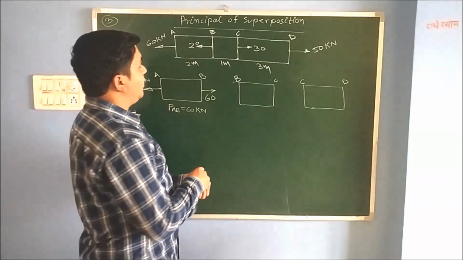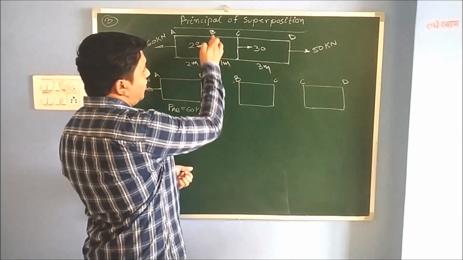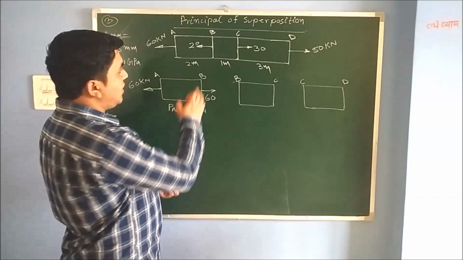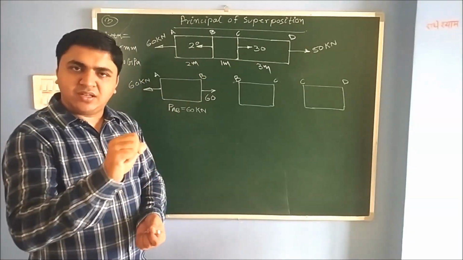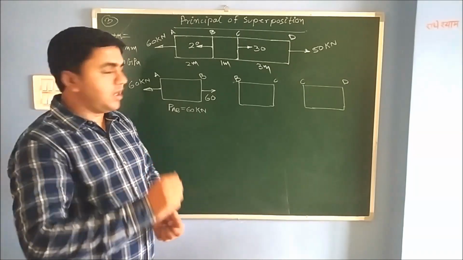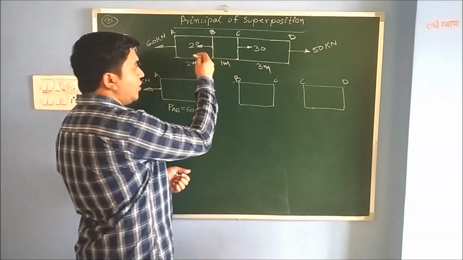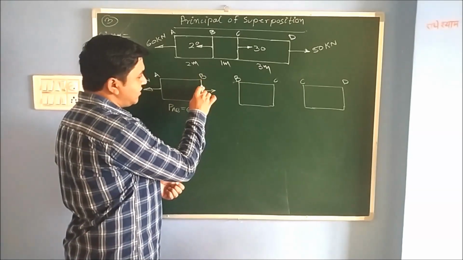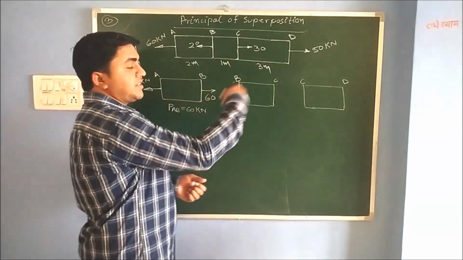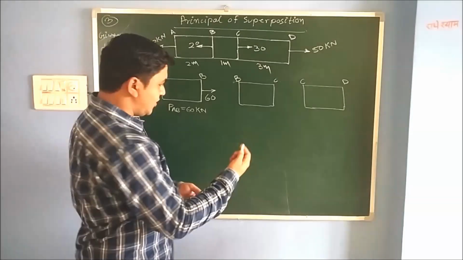Okay. Now if you see this B part, on this B part actually force is acting, what? 20 kilonewton on the left side. Okay. So on B point 20 kilonewton left side force was acting, but यहाँ पर क्या किया? By mistake B point पे 60 right side पे force लगा दिया. So let's understand this.